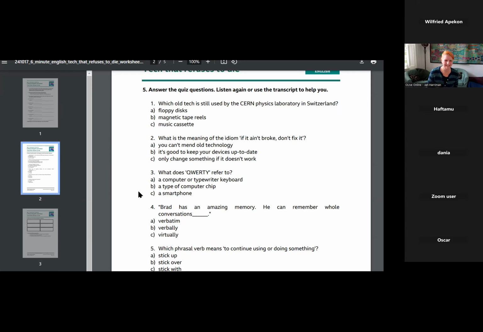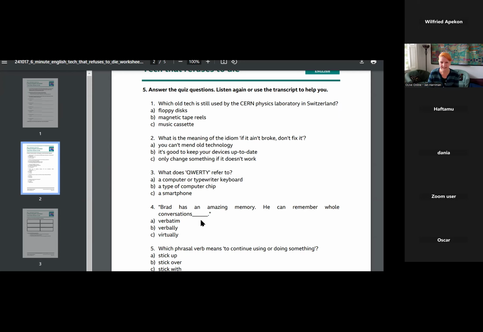Yeah, exactly. And if you think that it's an awkward arrangement for the letters, it actually was in part built that way to slow down typists, because they were typing faster than the mechanical typewriter could record.